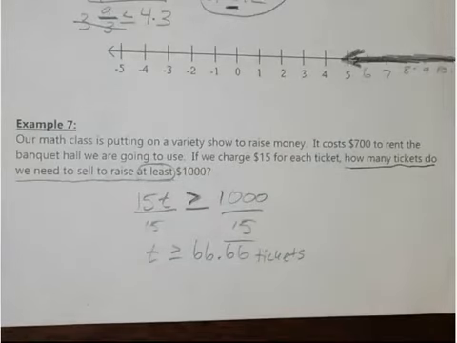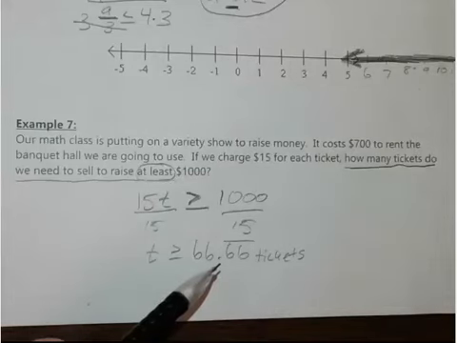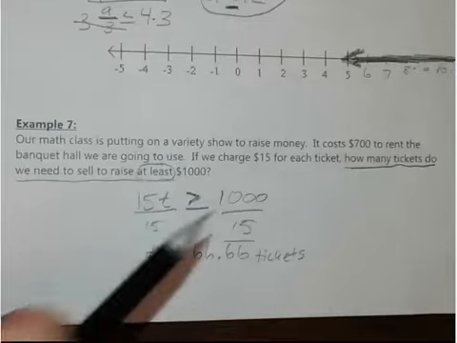So this is an interesting answer because we're dealing with tickets. I've never heard of a place cutting a ticket into 2/3 and just giving you a piece and giving someone else 1/3. That doesn't make any sense. We need whole tickets. So we're going to have to round this number. We're either going to round down to 66, or we're going to round up to 67.